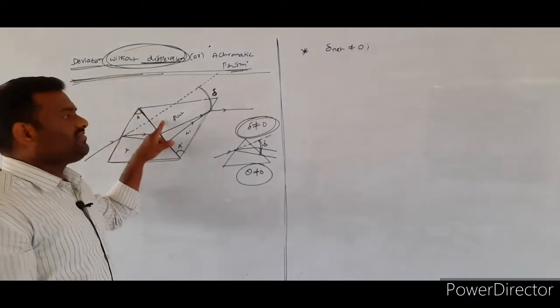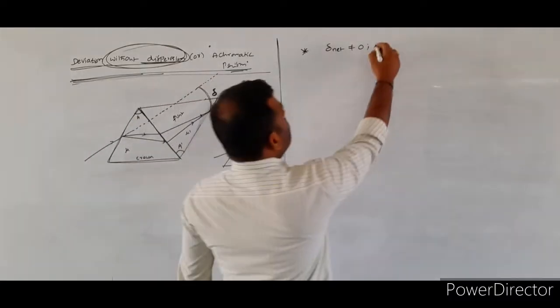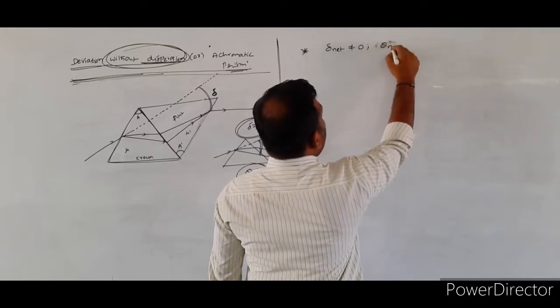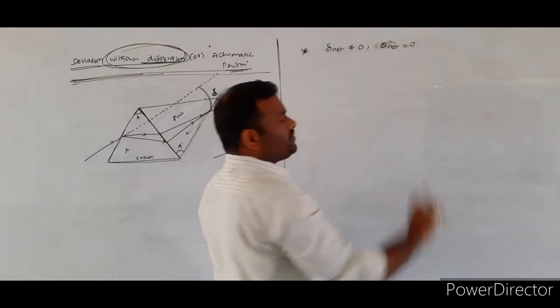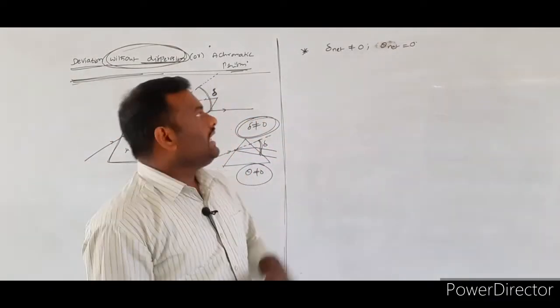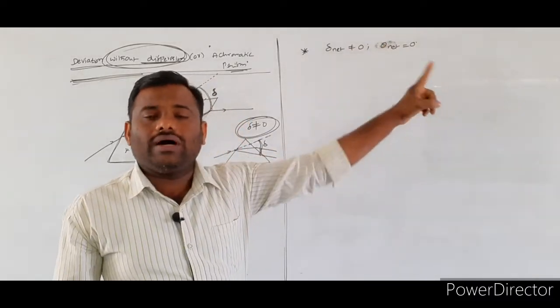The net deviation suffered by the light ray due to the combination of the prisms is not equal to 0, but the net angular dispersion value will be equal to 0. So this is the condition from that statement: delta net is not equal to 0 and theta net is equal to 0.